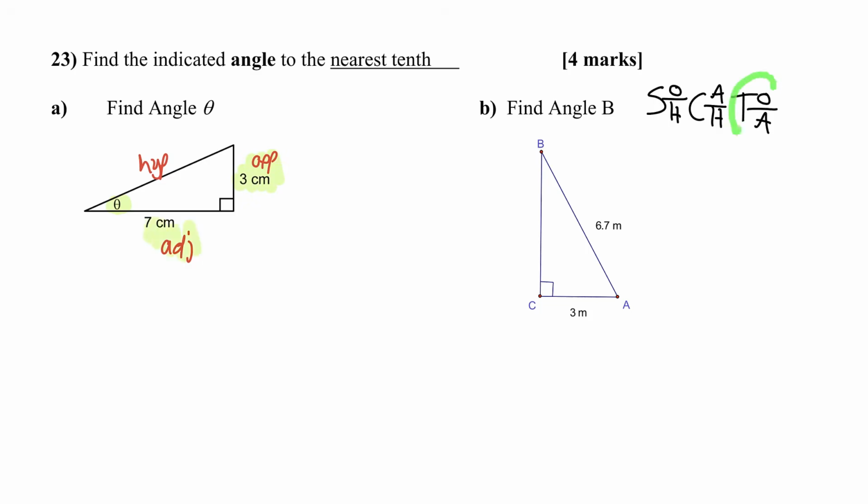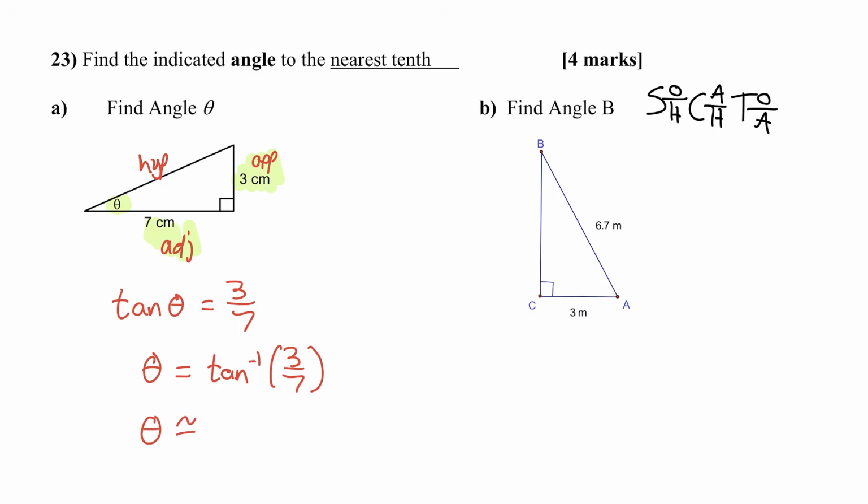The ratio that has opposite and adjacent is tan. So I could say that tan of the reference angle equals the opposite 3 divided by the adjacent 7. And when we know the ratio and want the angle, we can get that angle by doing inverse tan of the ratio. Using your calculator, I get about 23.2 degrees.